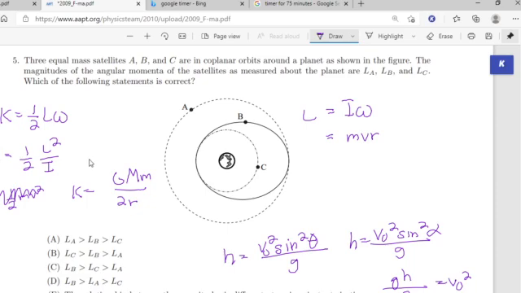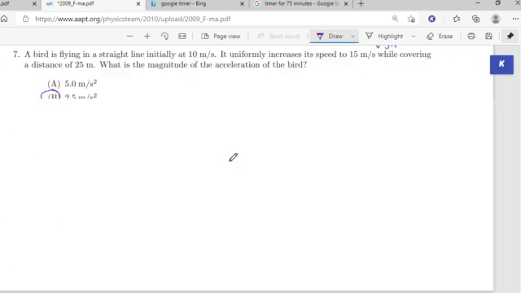And the higher K is, the higher L has to be. Wait. Yeah, okay. So then C should have the highest L, B should have the second highest, A should have the third highest. I think.